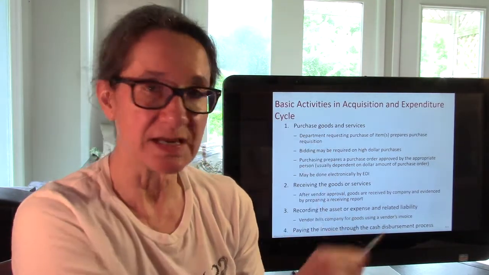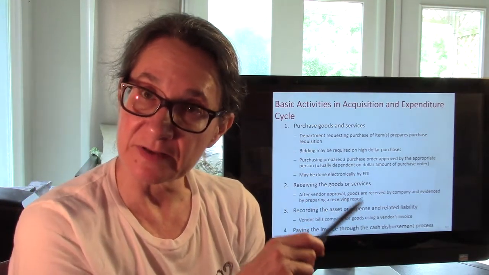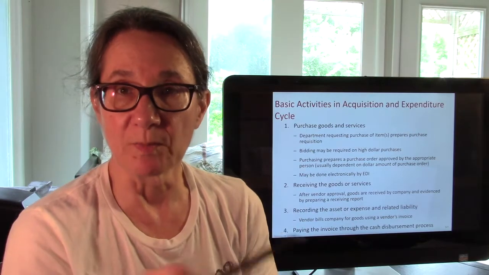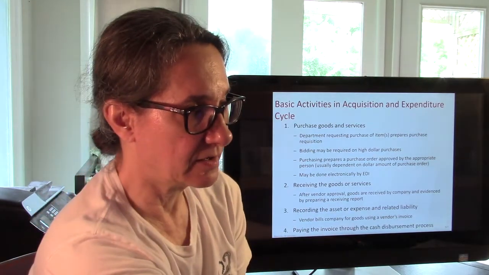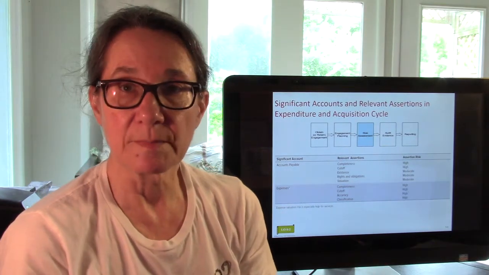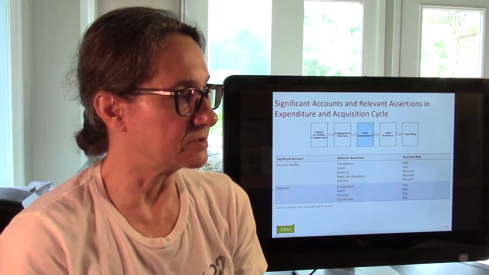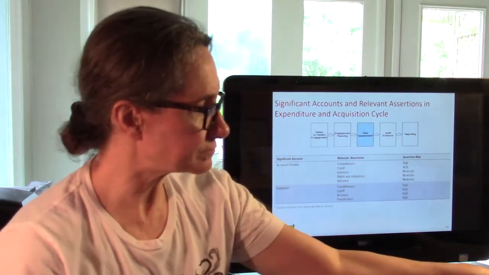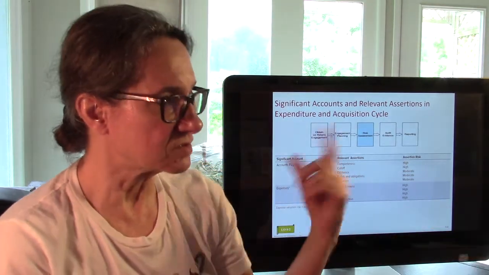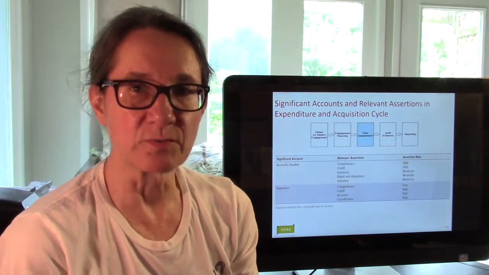We need to understand the cycle because we want to make sure that the activities involved in this cycle lead to well-prepared financial statements that are in good order. All right, so what do we need to understand? Well, first of all, what are the significant accounts in this cycle, and what are the relevant assertions?